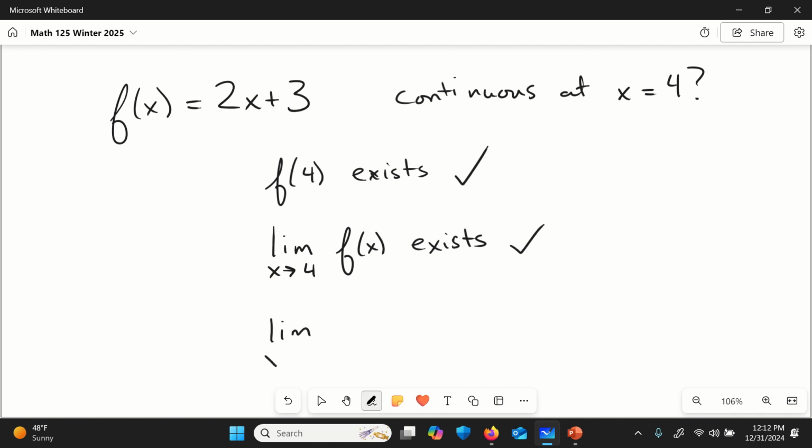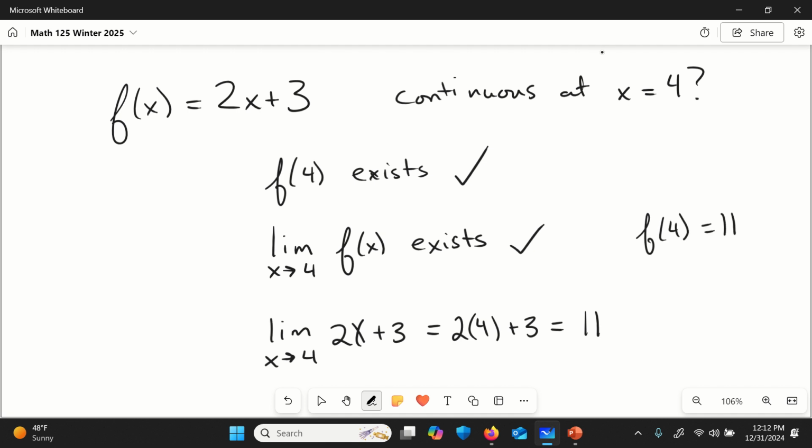So the limit as x goes to 4 of 2x plus 3 is equal to 2 times 4 plus 3, which is 11. But also, if I plug in f of 4, I'm going to get 11. So yes, they are equal to each other, and it is continuous at the point 4. When x is 4, the function is continuous.